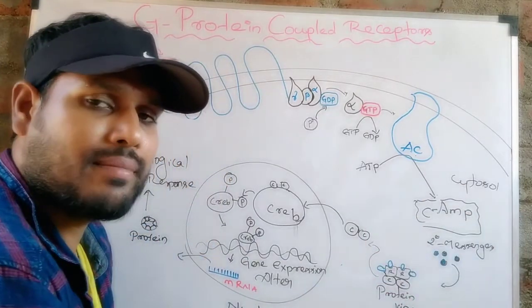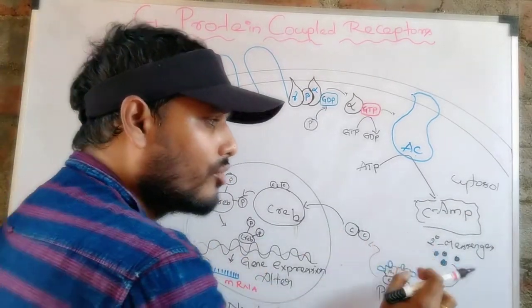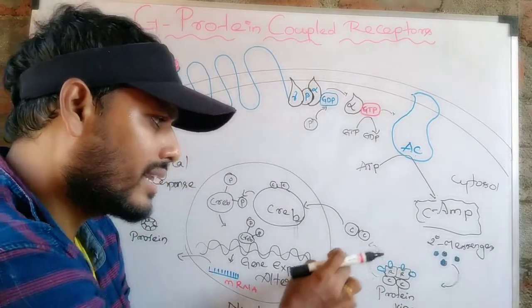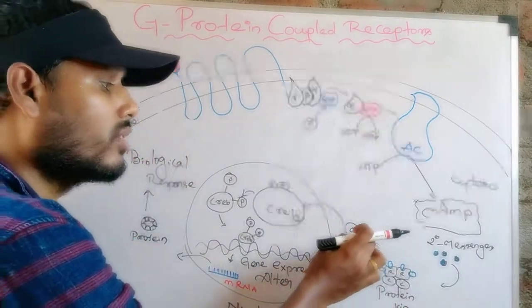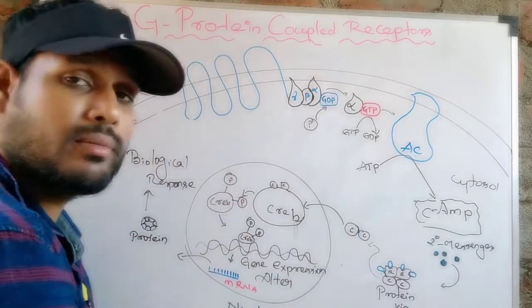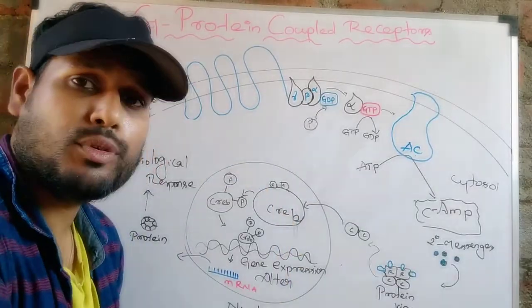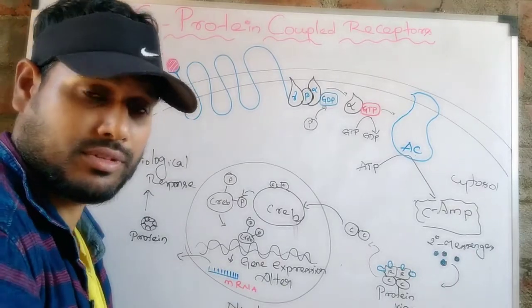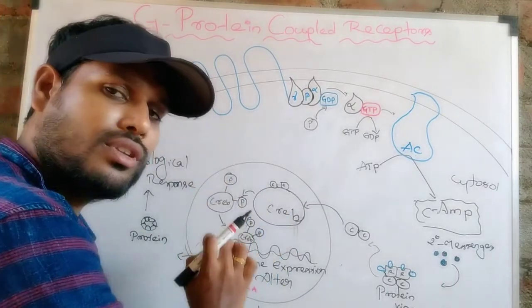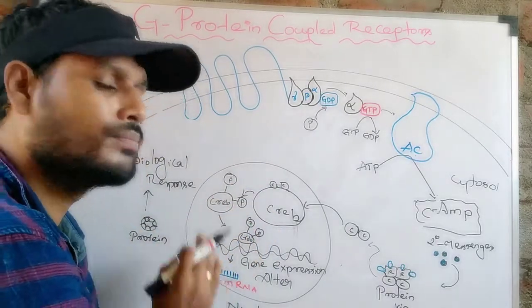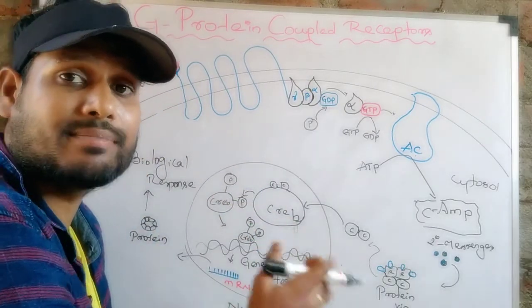We need 4 cyclic AMP secondary messengers for dissociation of the catalytic subunits. It will only then cross the nuclear membrane to activate the CREB protein. This is cyclic AMP response element binding protein. Then it will get phosphorylated. This phosphorylated CREB protein will go and make the gene expression alter.